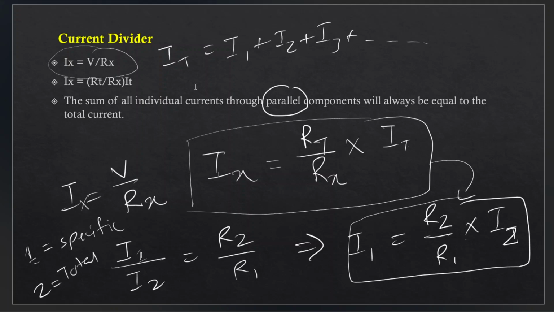Same as for voltage divider, which worked only for series circuits, not parallel. So VT was equal to V1 plus V2 plus V3, but only for series. This is only parallel, and this was only series.